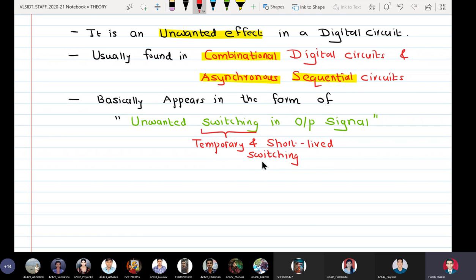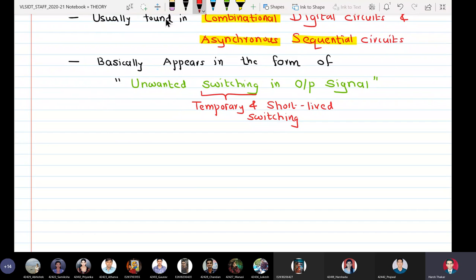Similarly, if the output is supposed to be 0 but it becomes 1 for a short period of time, that is also again called a hazard. Okay, and what is the ultimate consequence of hazard? It leads to malfunction of the circuit.